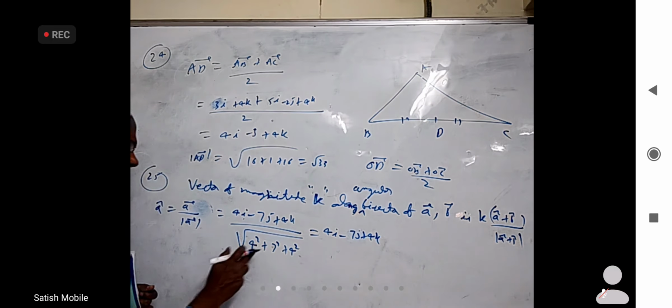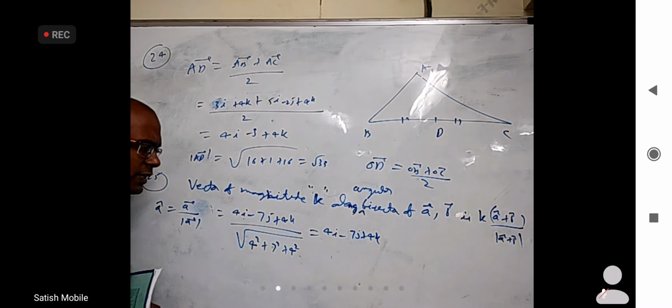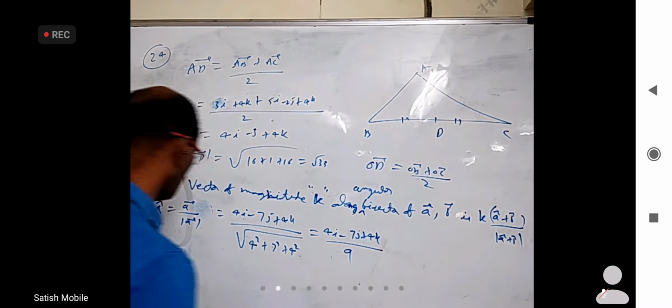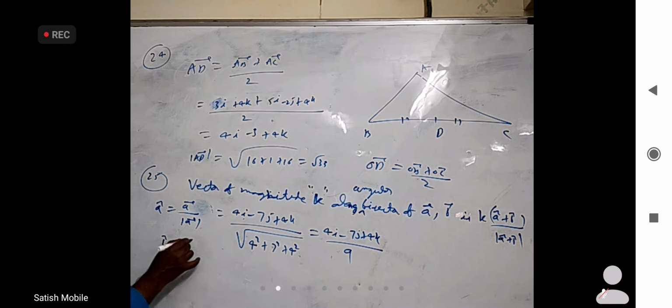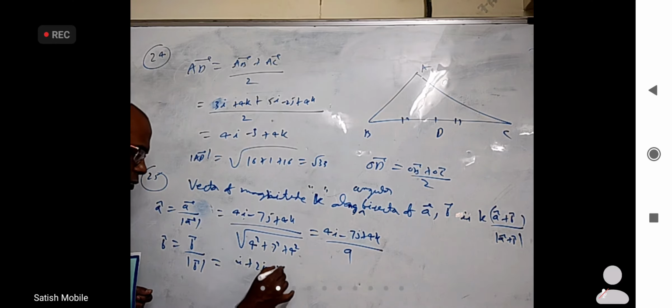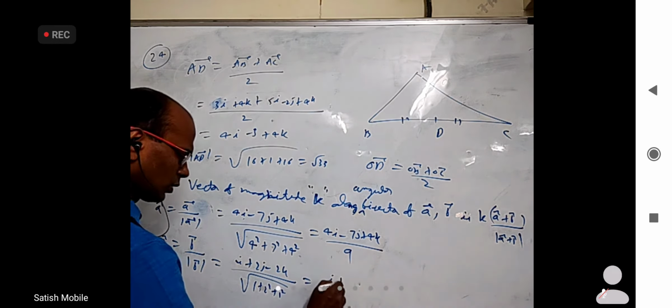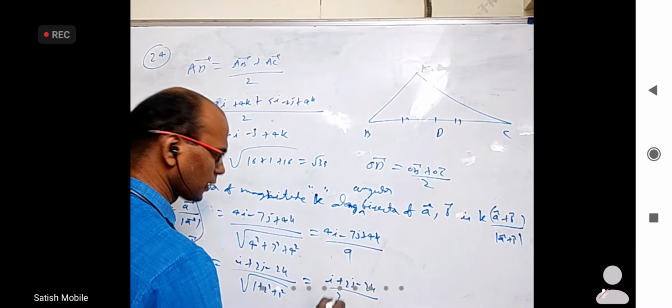So 16 plus 16 is 32, 32 plus 49 is 81, so it is by 9. B cap is B bar by mod B bar, which is (i plus 2j minus 2k) by square root of 1 plus 2 square plus 2 square, that is (i plus 2j minus 2k) by 3.